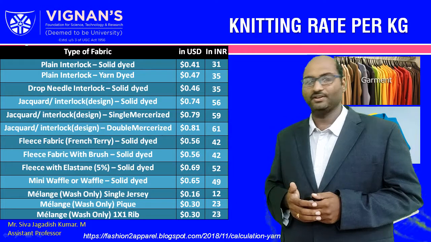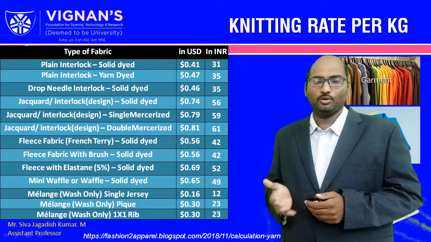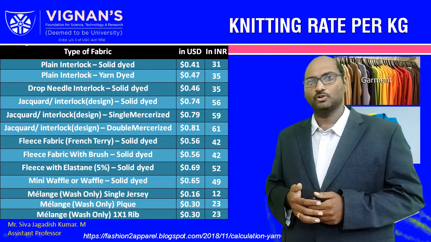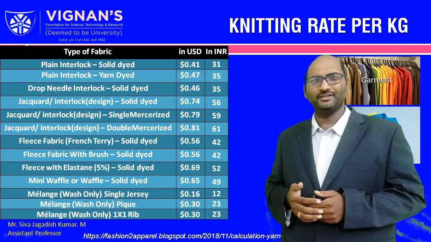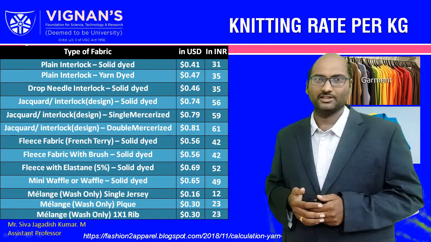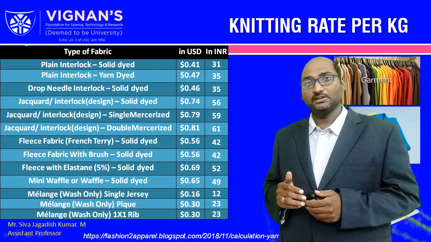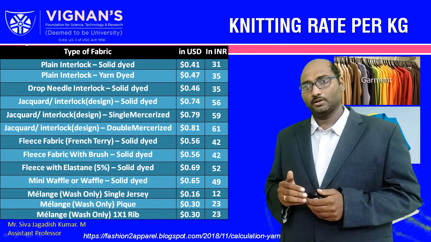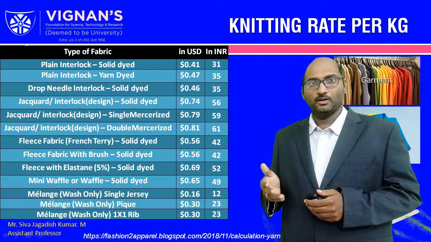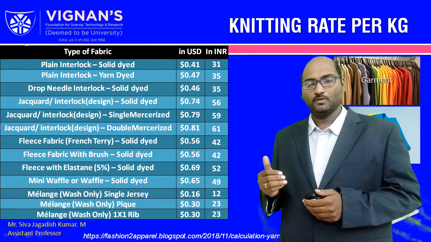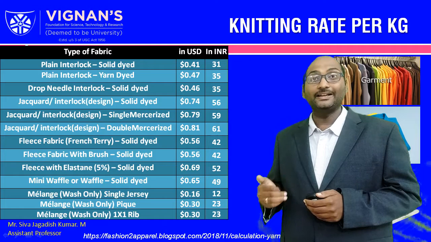Nowadays it is very popular. Many t-shirts, even jeans, are coming with elastane. Elastane and spandex are nothing but the same. Elastane is the chemical name, and lycra and spandex are the trade names.